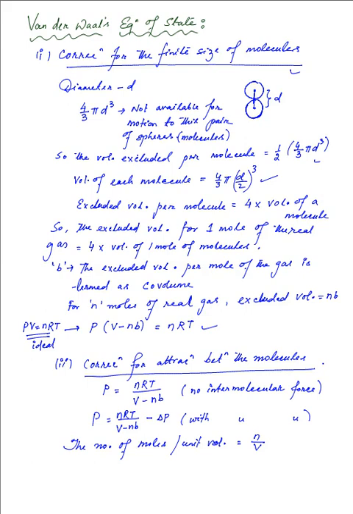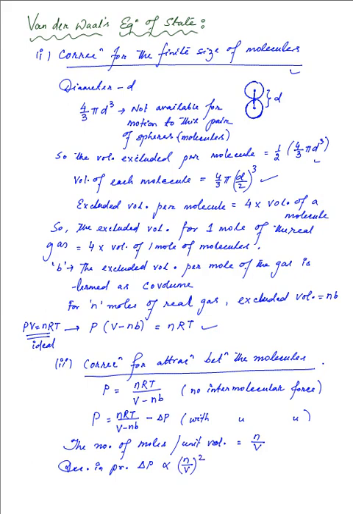So the decrease in the pressure del P will be proportional to the square of the number of molecules per unit volume. Decrease in pressure, that is del P, is proportional to the square of the number of molecules per unit volume because of the factors that we just discussed.